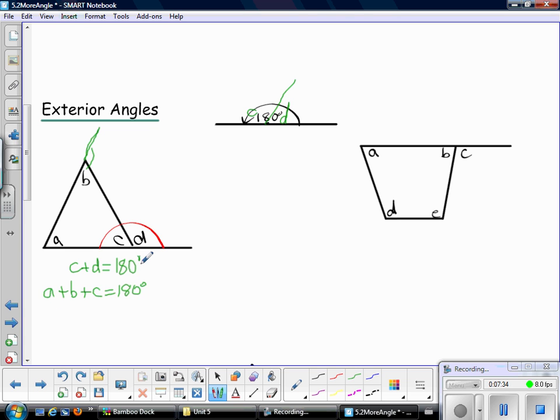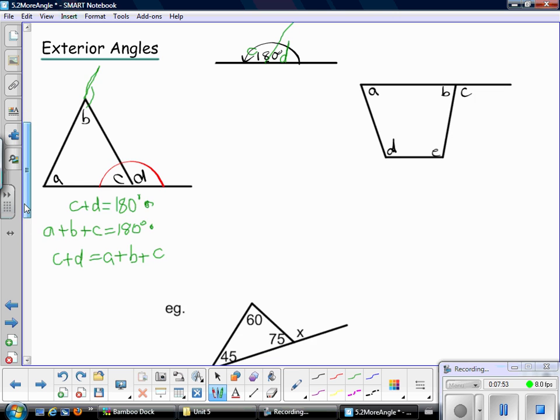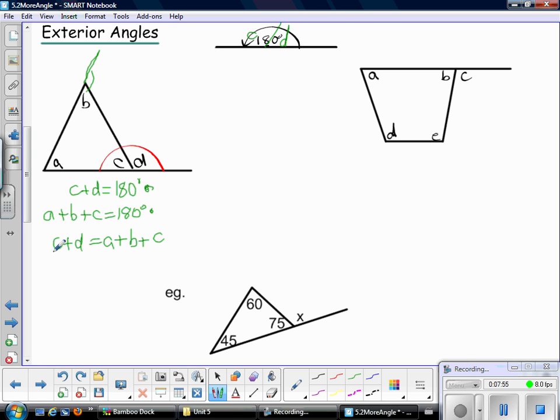So what I could do, I'm going to just show you something. I'm going to take this one and this one because they're both equal to the same thing and put C plus D then has to equal the A plus B plus C. You're saying, huh? Yes, I know, it's fun. Now, you can see I could subtract C from both sides.